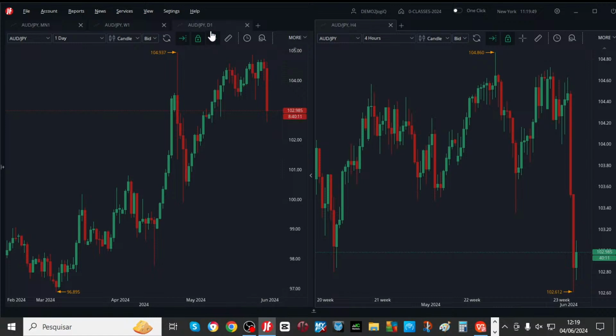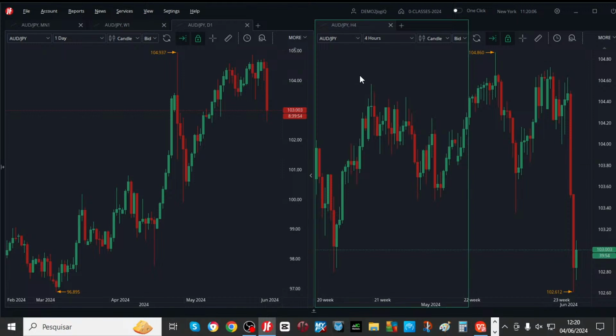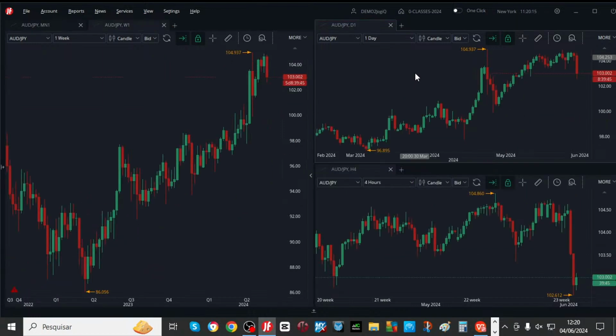If I want the AUDJPY daily above the AUDJPY 4-hour, I press the left button, keep it pressed, and move it slowly to the right side. Then you can change if you want it vertical or horizontal, and you just unclick. Now you have the daily above the 4-hour.